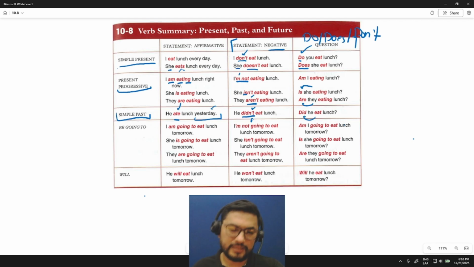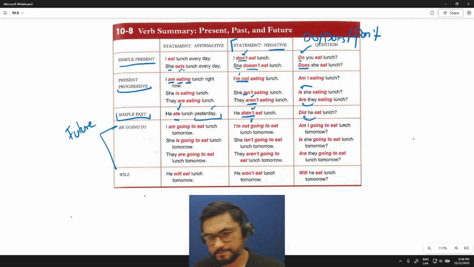Finally, in this level 4, we have been talking about future time. We've looked at be going to, and we've looked at will for future time. I am going to eat lunch tomorrow. We also said we can use different words to talk about different tenses and times.